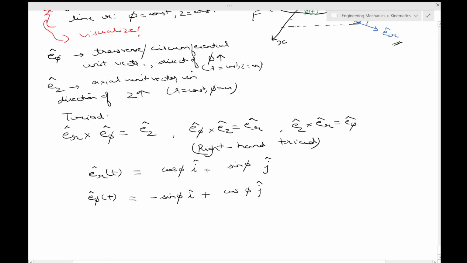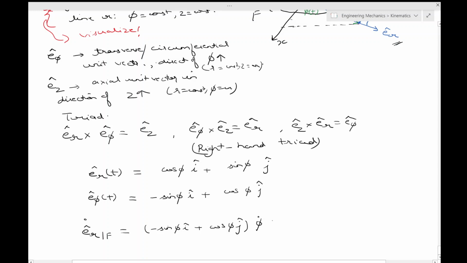Okay, so now if you want to write the time derivative of this unit vector, how would you go about it? Well, you can take a time derivative with respect to f: minus sine phi i hat plus cos phi j hat, times phi dot, because i dot and j dot will be 0.